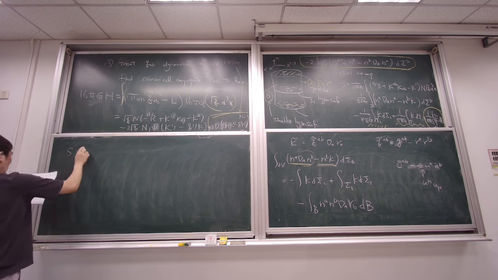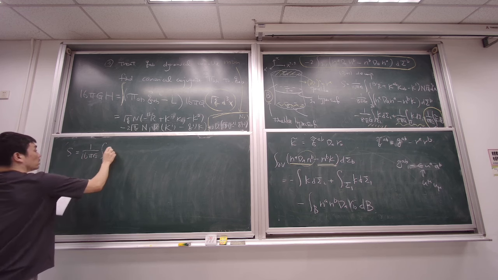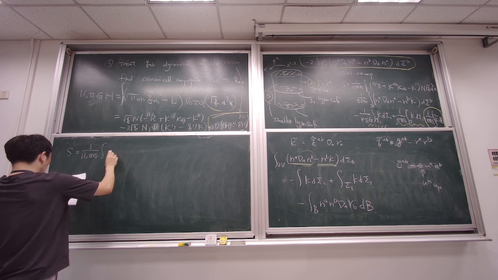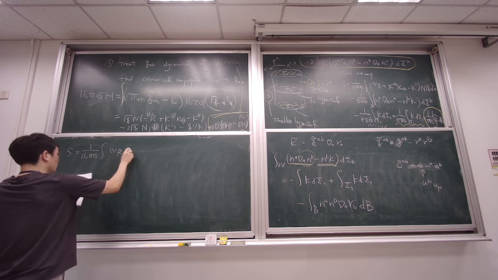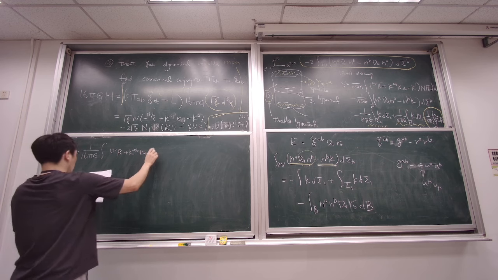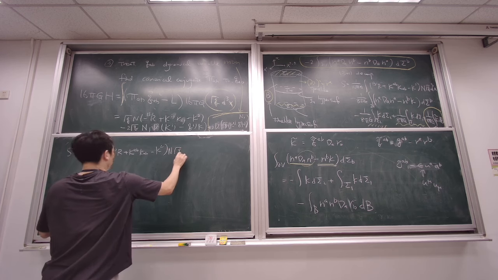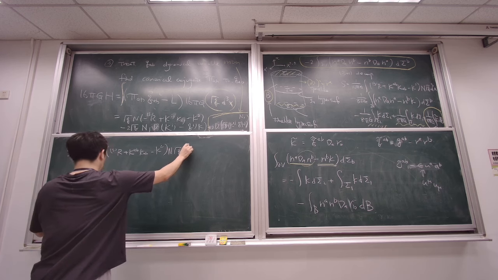S is equal to 1/16 pi G, integral of 3R minus K plus K B minus K squared, square root of q, d x 4.